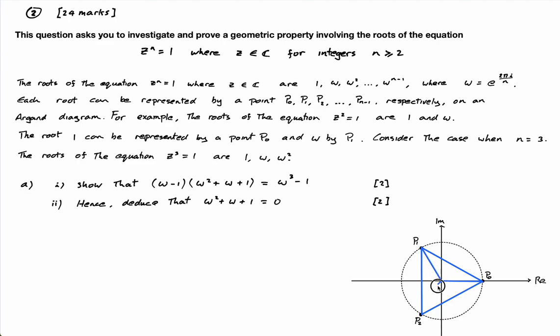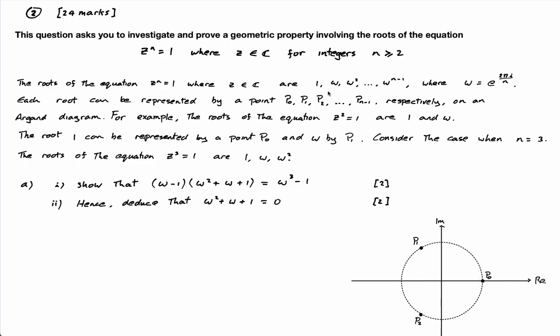Now, I actually haven't read the full question here, but it might be something to do with this, and it's worth noting this angle equals this angle equals this angle. And to get from this root to this root, you essentially rotate this line around here 120 degrees, which is kind of where this 2 pi over n comes from. Anyway, I'll get to that at a later point.